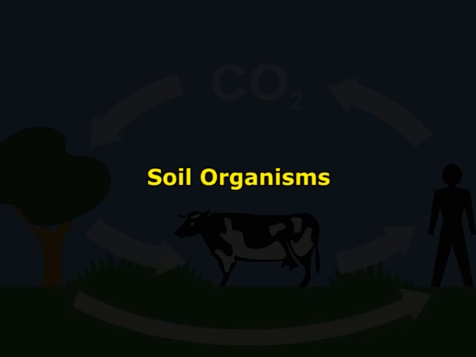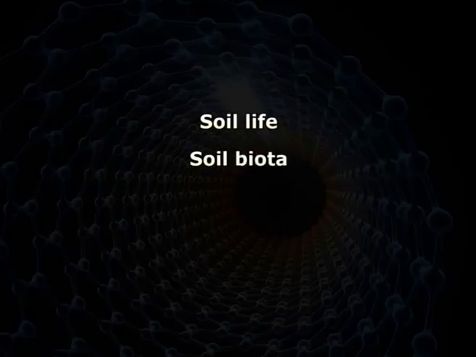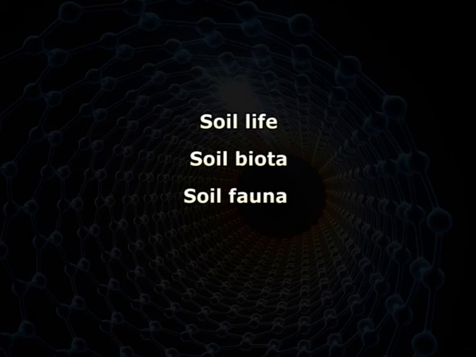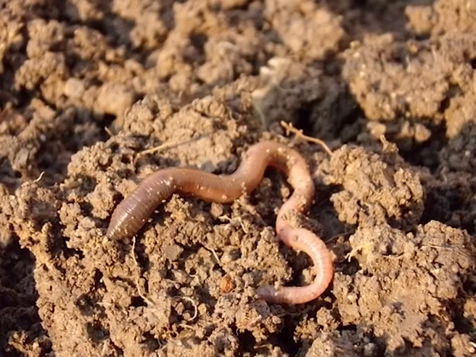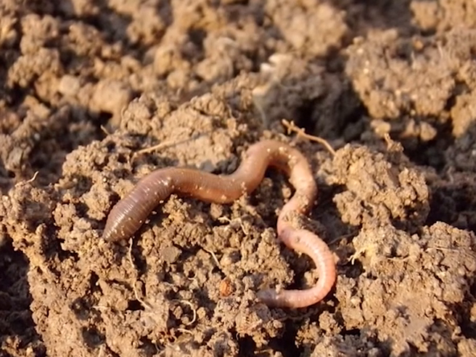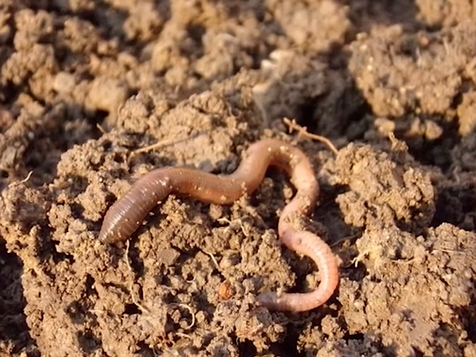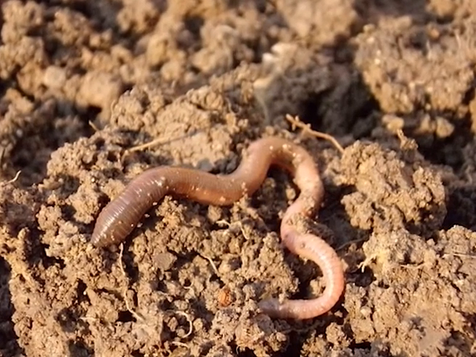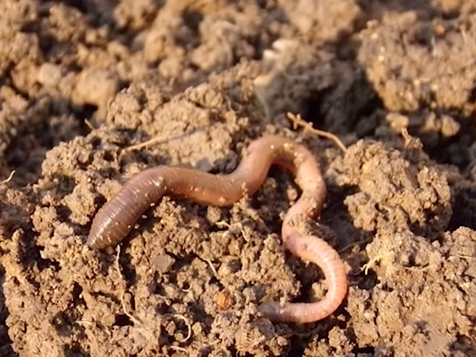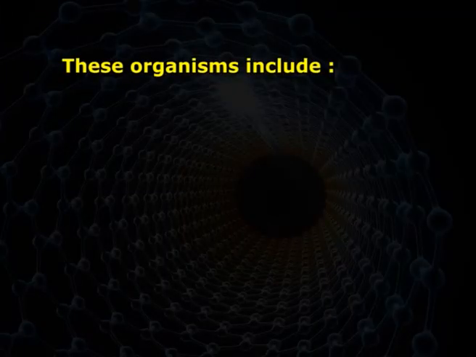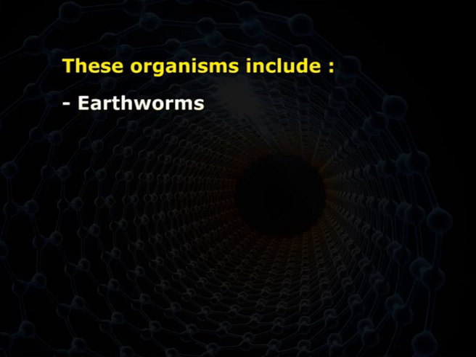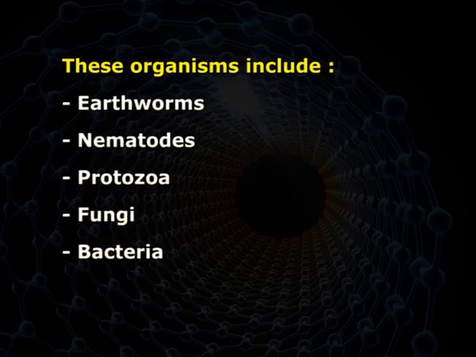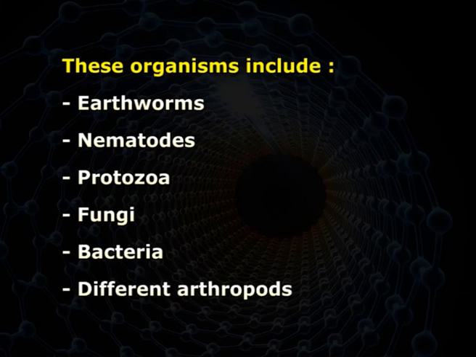Soil organisms. Soil life, soil biota, soil fauna, or edaphon is a collective term that encompasses all organisms that spend a significant portion of their life cycle within a soil profile or at the soil litter interface. These organisms include earthworms, nematodes, protozoa, fungi, bacteria, and different arthropods.